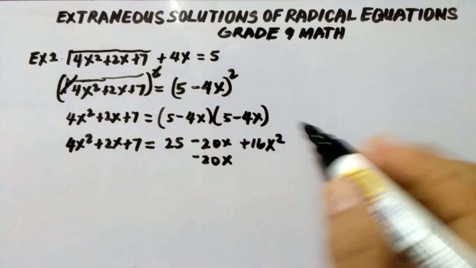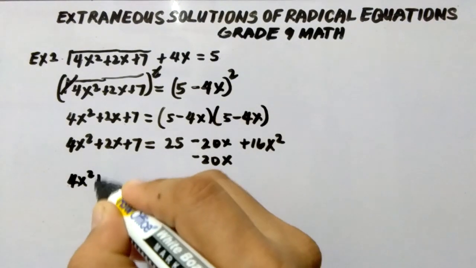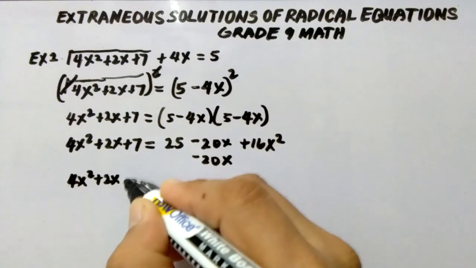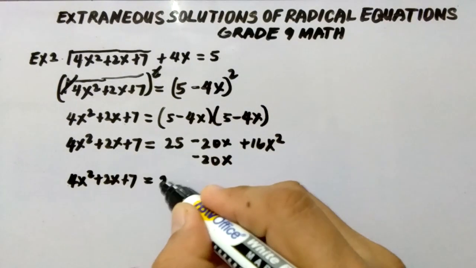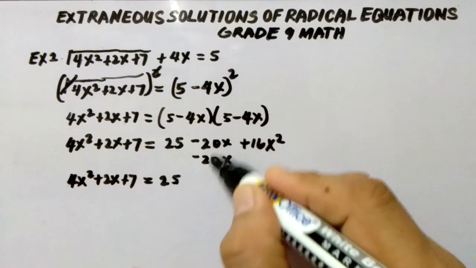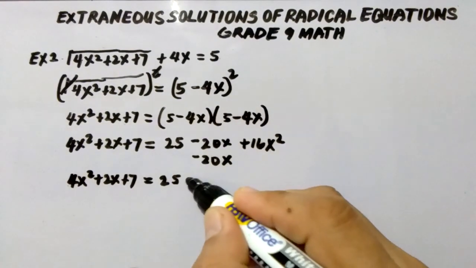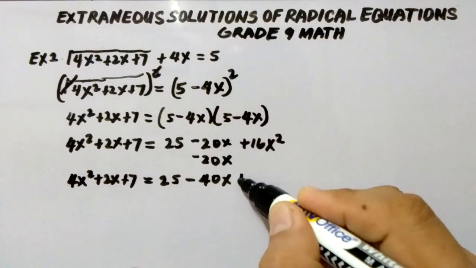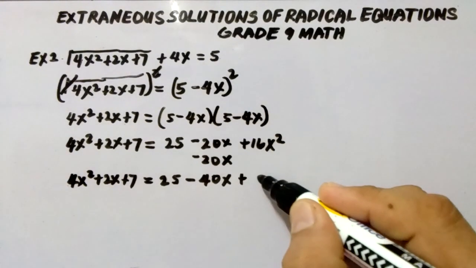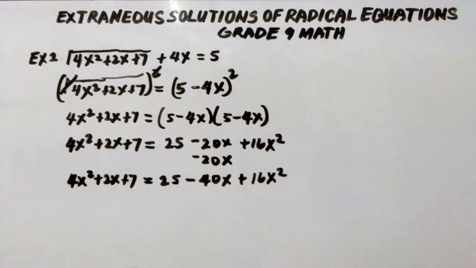16x squared. Then, we have 4x squared plus 2x plus 7 is equals to, so we have 25. Then, combining like terms, so negative 20x minus 20x, that is negative 40x plus 16x squared.